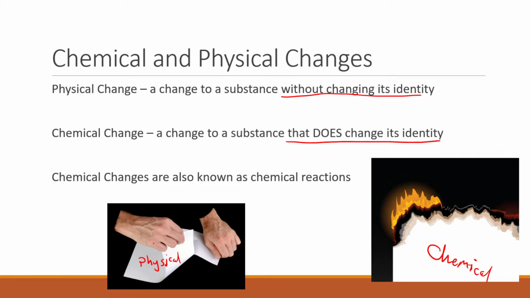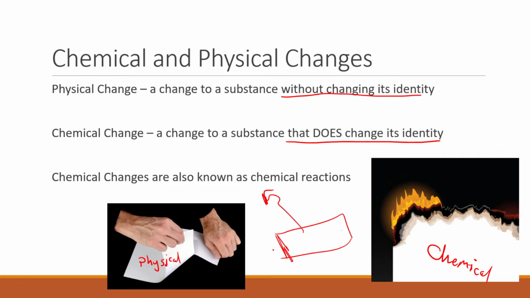Pouring water on the paper is a physical change. You end up with wet paper, but you actually haven't chemically altered the paper at all, right? You cause the ink to run a little bit, but eventually the water is going to evaporate out of the piece of paper and you're going to end up with your piece of paper back again.